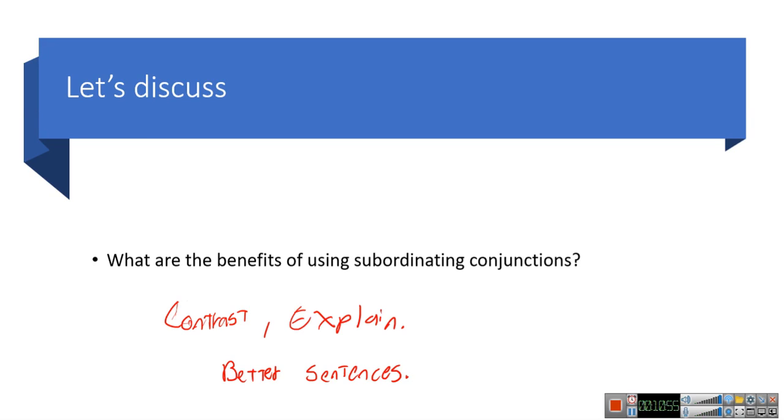So, in addition to what Viviana said, Dana also says that we can make better sentences. And I really like that he says that, because when we use conjunctions, and specifically subordinating conjunctions, we come across as a very good writer instead of someone that doesn't use them.